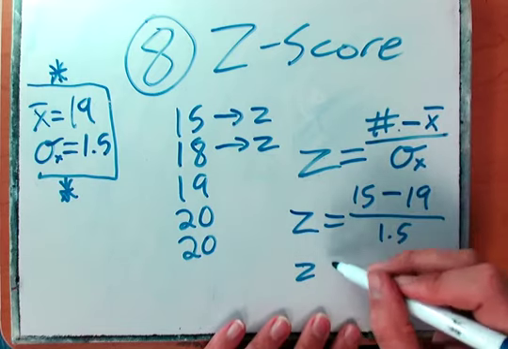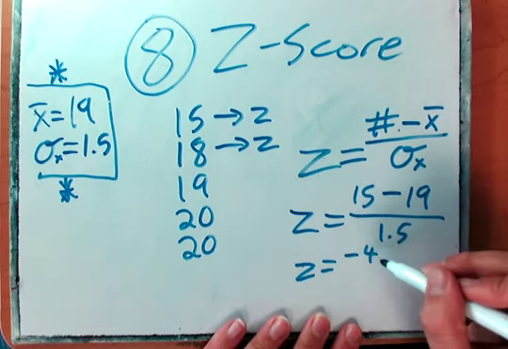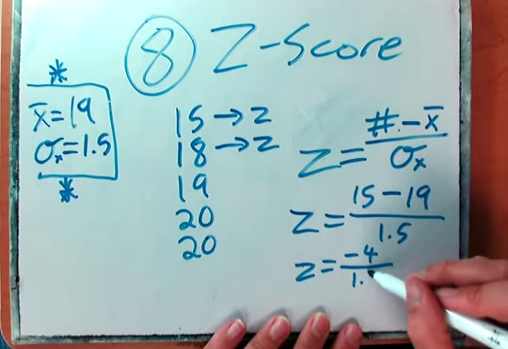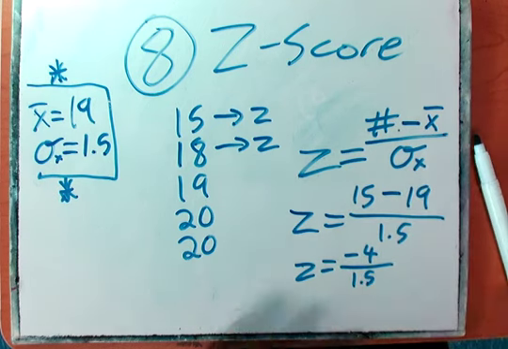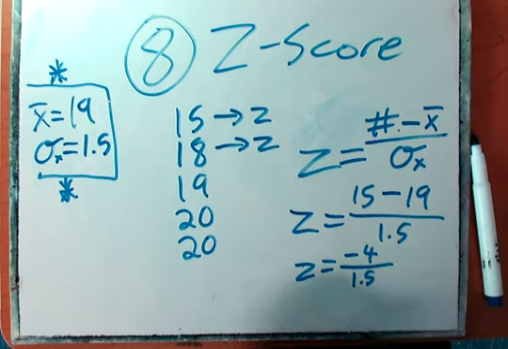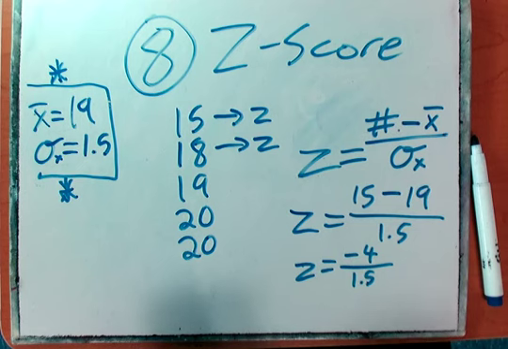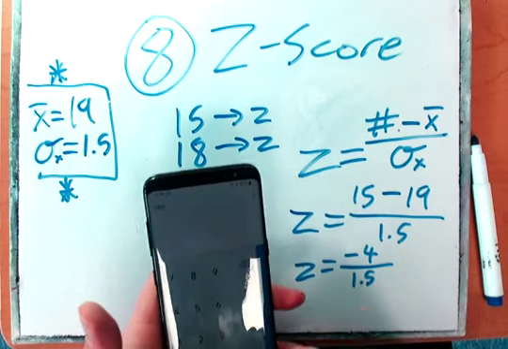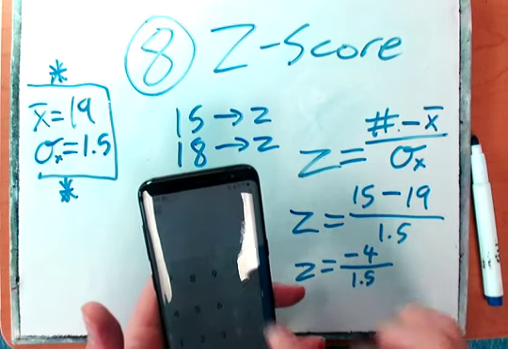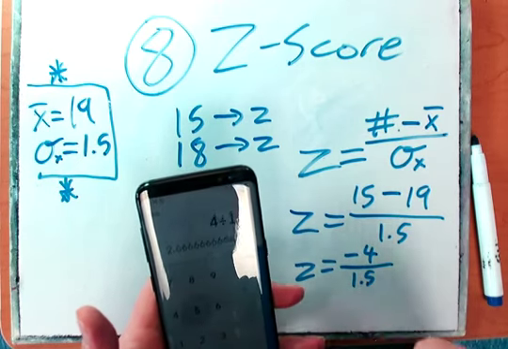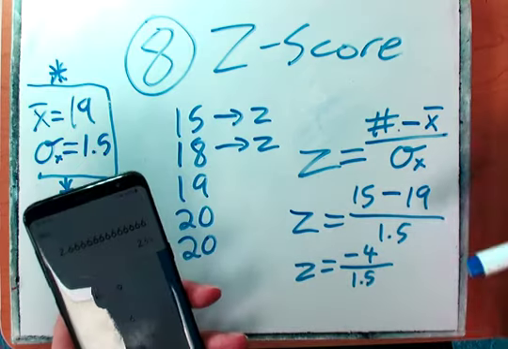So that would be z equals -4 over 1.5, which, if I break out my calculator, 4 divided by 1.5 is 2.6.